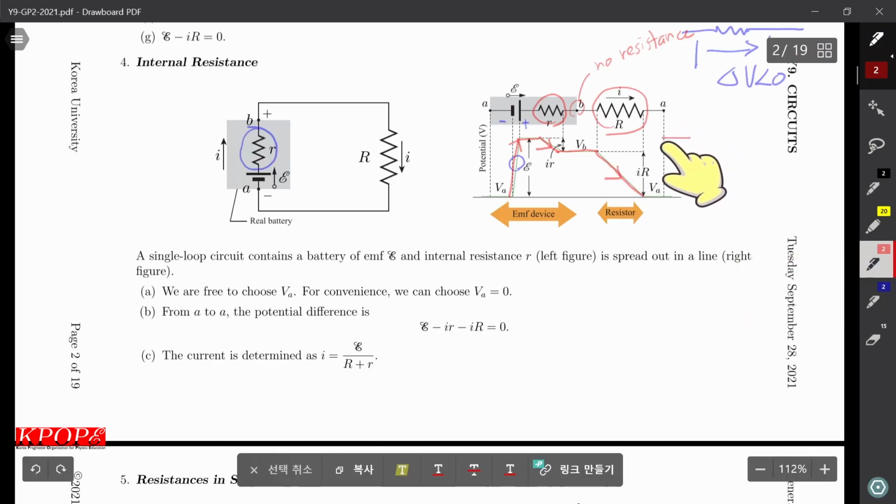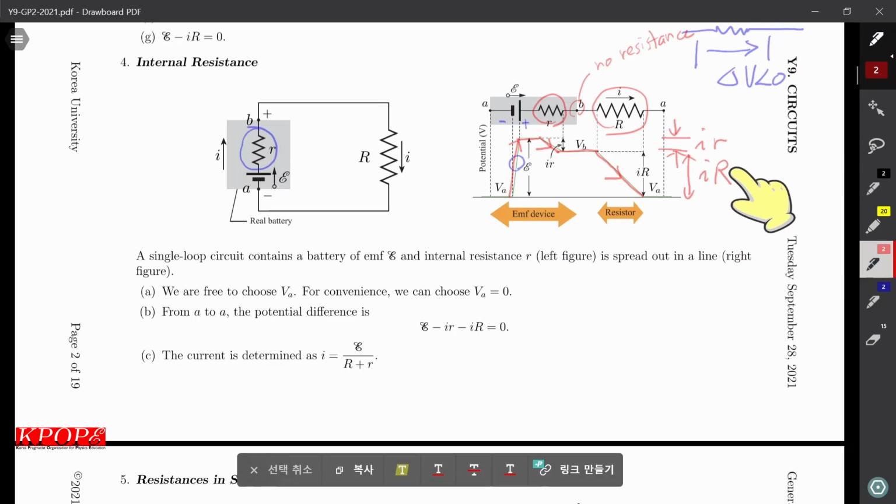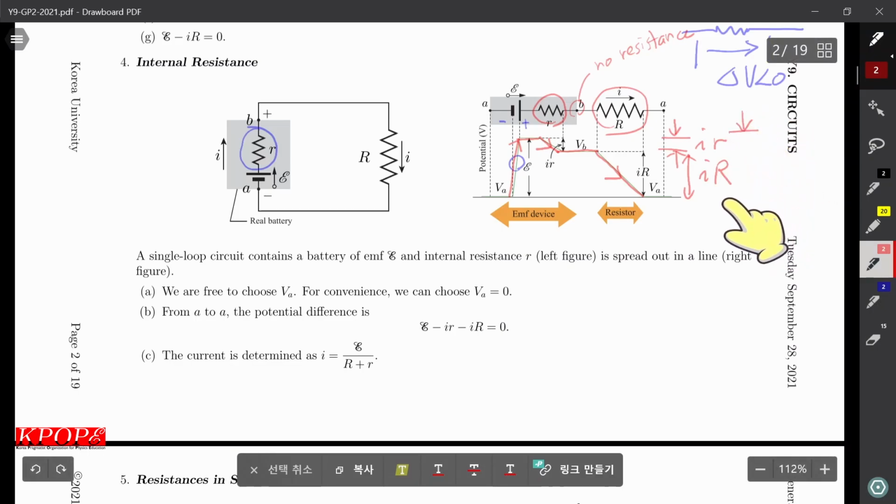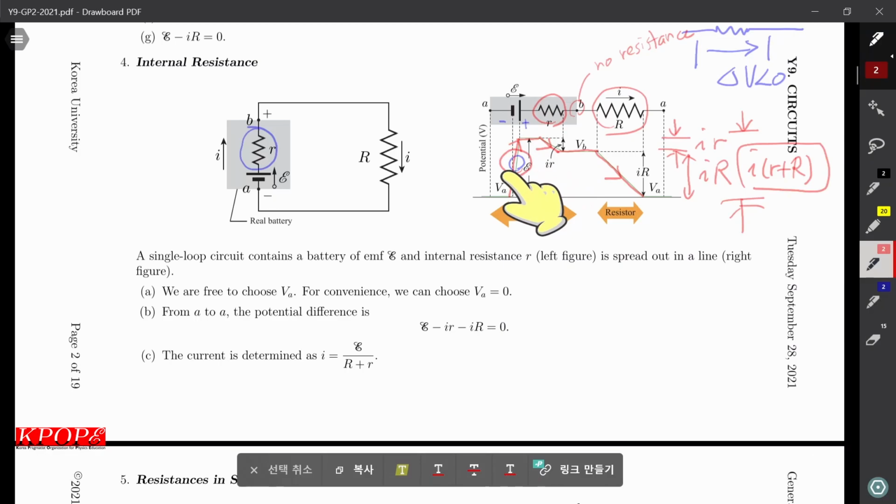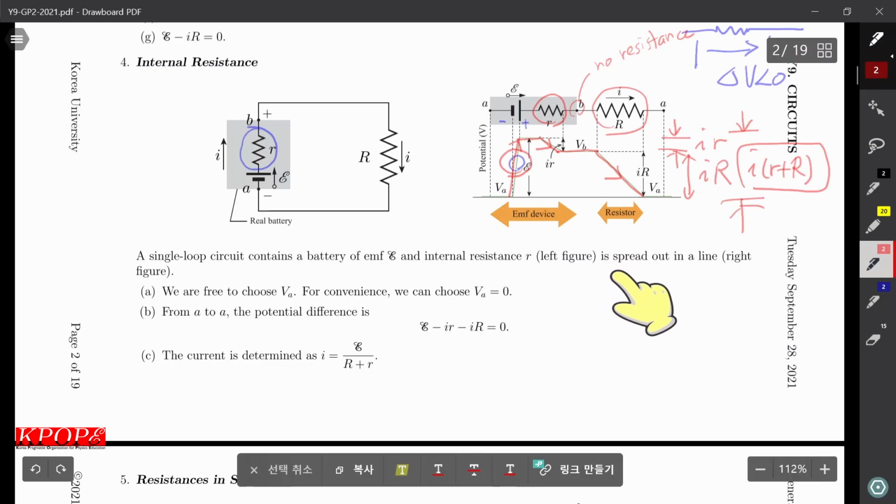The amount of potential loss in the internal resistance is I r, and the amount of potential loss when it passes through the external resistor is I capital R, and the total potential loss is I times small r plus capital R. This one must be the same as this one, the gain and loss. So E minus I r minus I R.